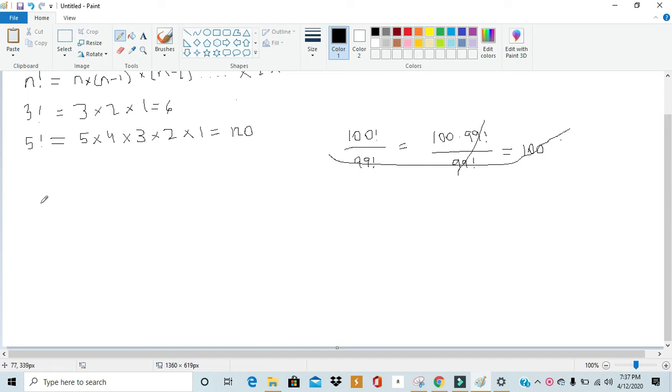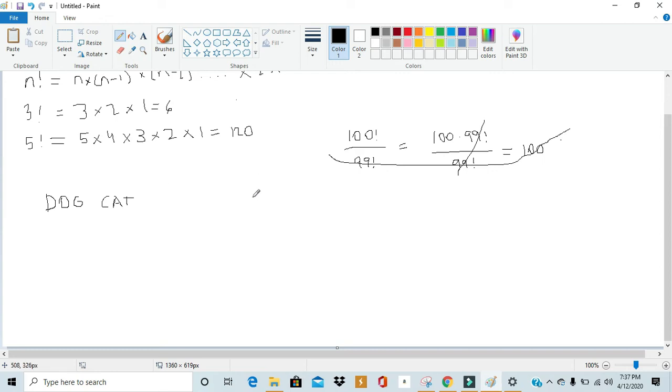Well, basically what a permutation comes down to is a question like how many ways could we rearrange the letters in the word dog? Or how many ways could we rearrange the letters in the word cat? Or how many ways could we rearrange a set of balls? It comes down to rearranging stuff.